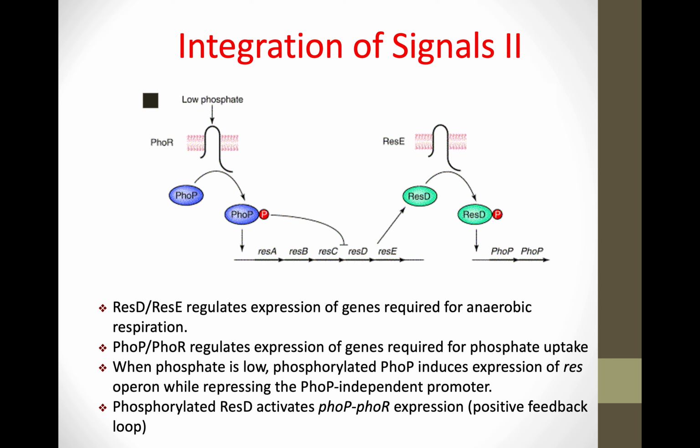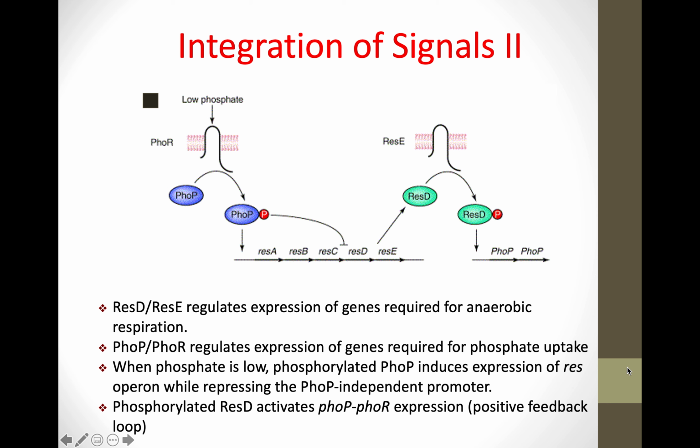Second example of signal number 2 is basically a chain reaction. Over here we have RasE and RasD, which is another two-component system that regulates expression of genes required for anaerobic respiration, and we have another two TCS which regulate expression of genes required for phosphate uptake.